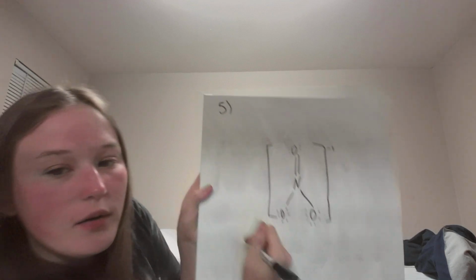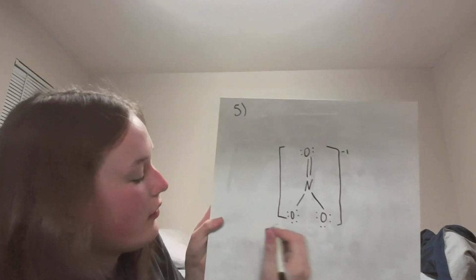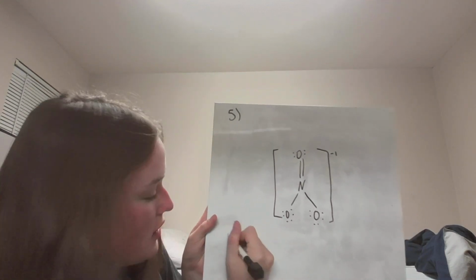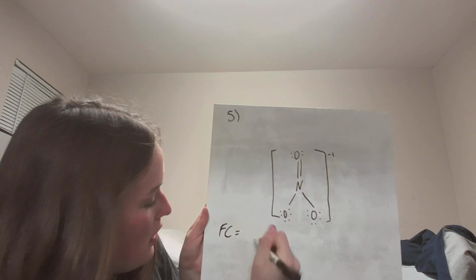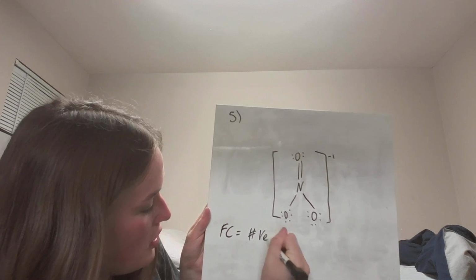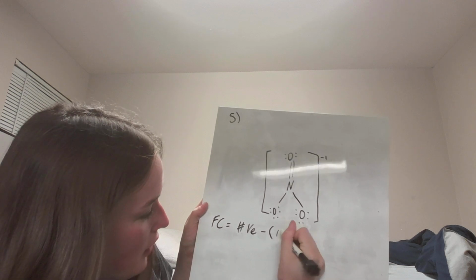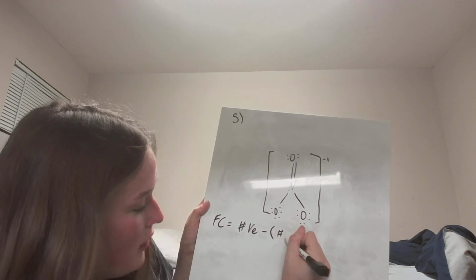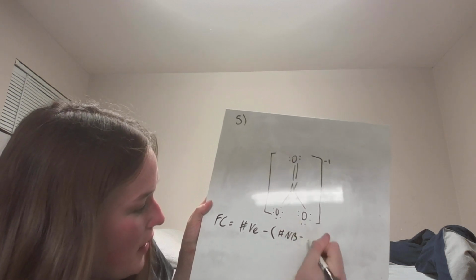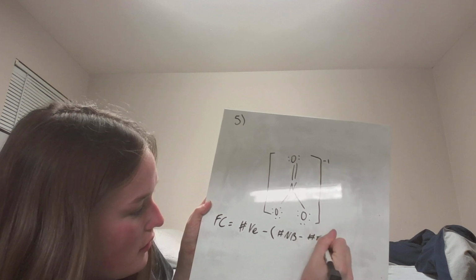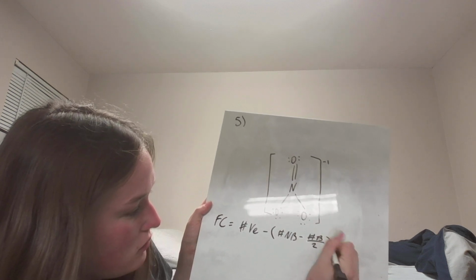If you don't remember, the formula for the formal charge is the number of valence electrons minus the number of non-bonding electrons on nitrogen, minus the number in a bond over 2.